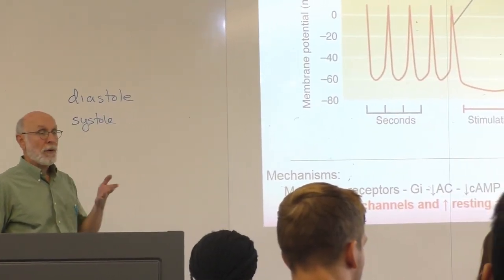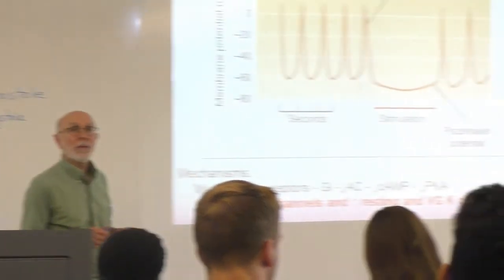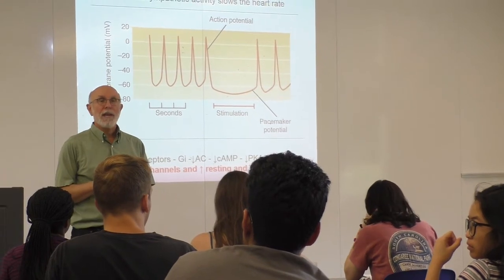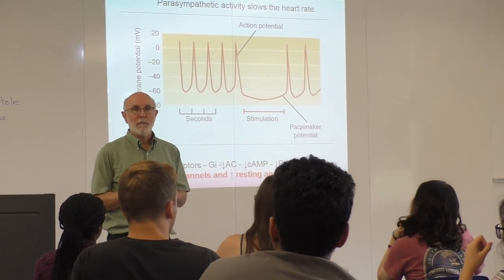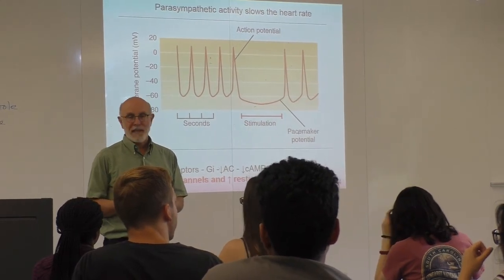Okay. More questions? Trevor. So the rate doesn't equate to the force of the contraction? The rate does relate to the force. Not exactly for the two systems, but let's just say that it does.